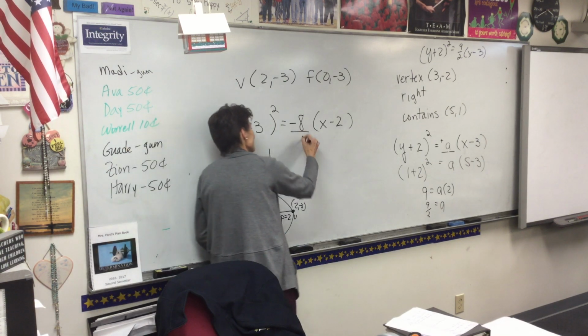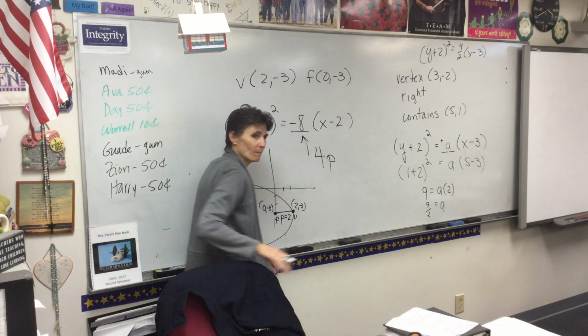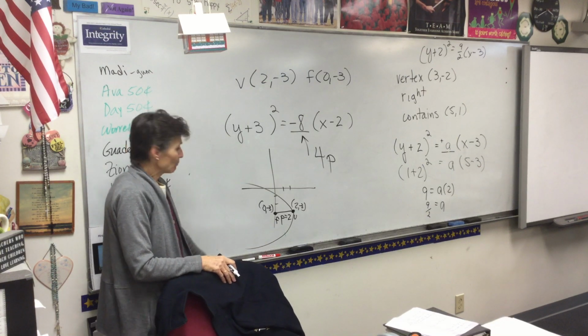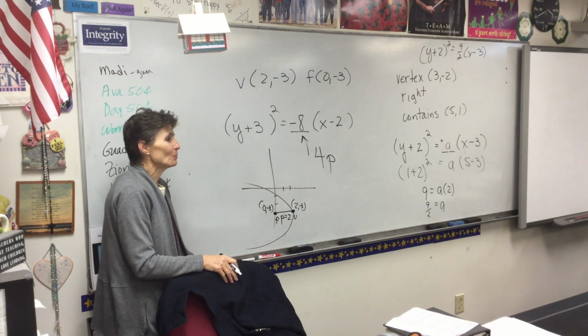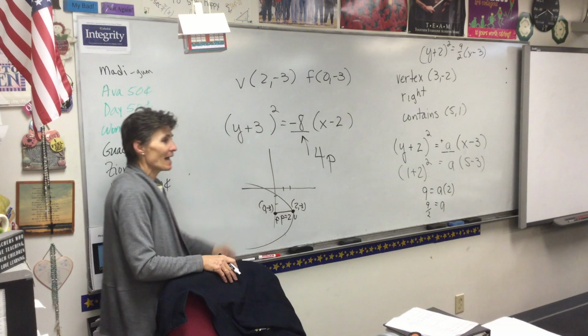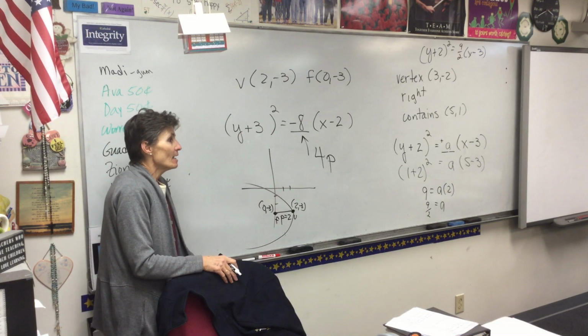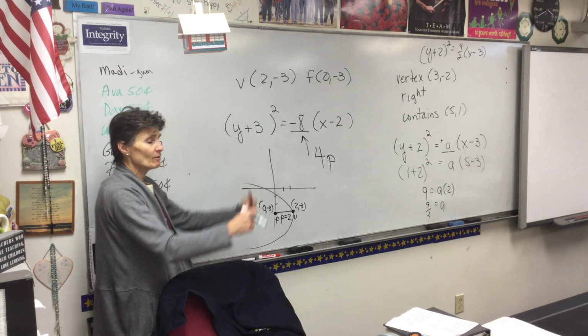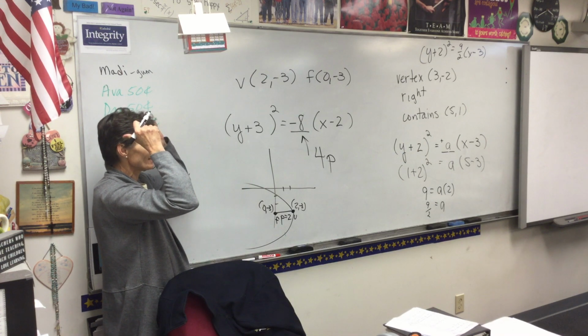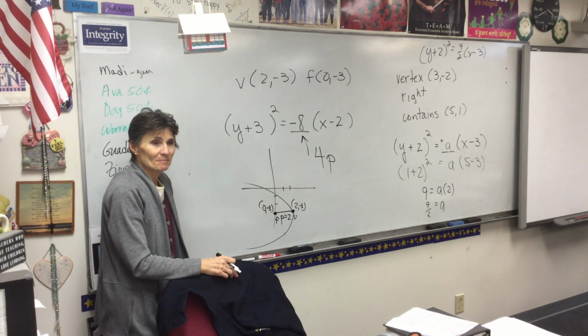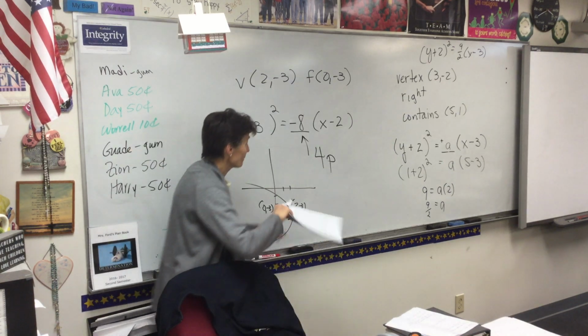Because this number is always 4P. And if we know P is 2, then 4P has to be 8. And we knew it was negative because it's opening to the left. Pretty cool. One more.